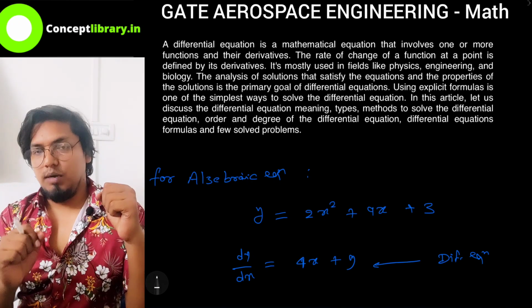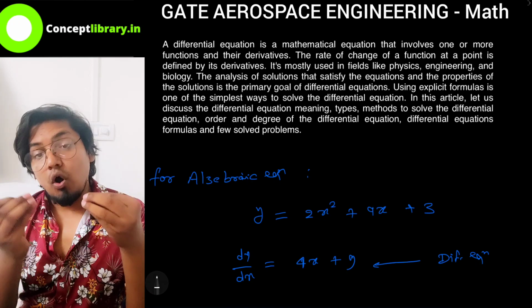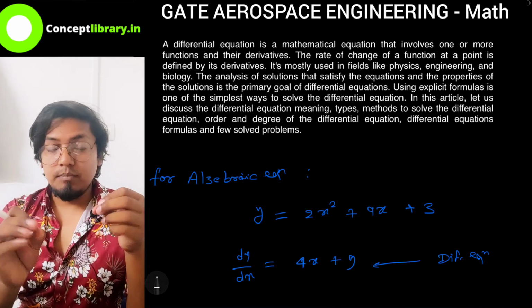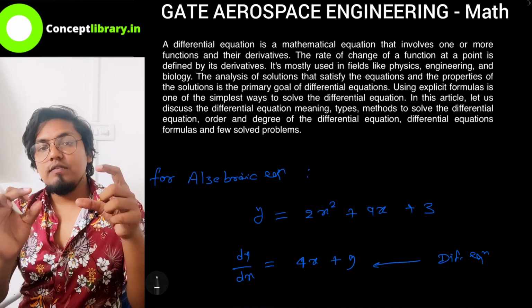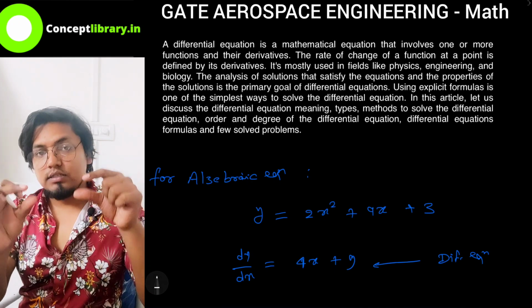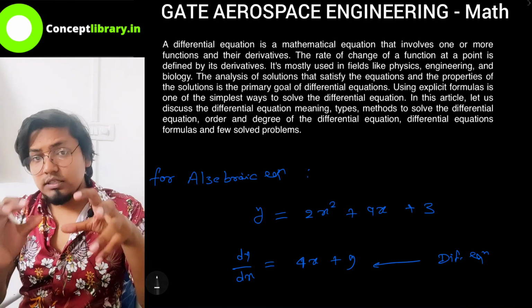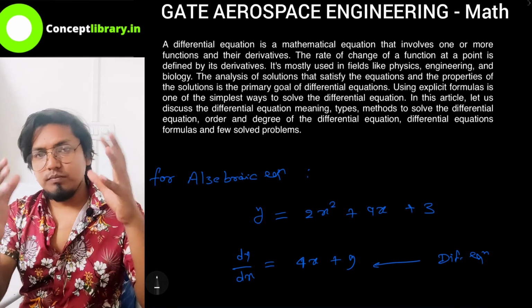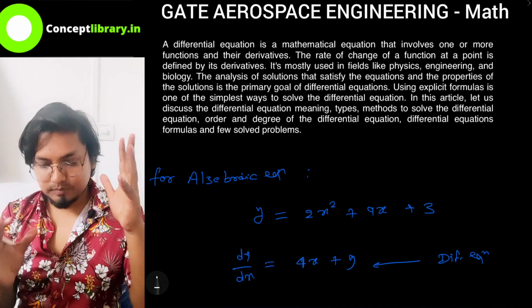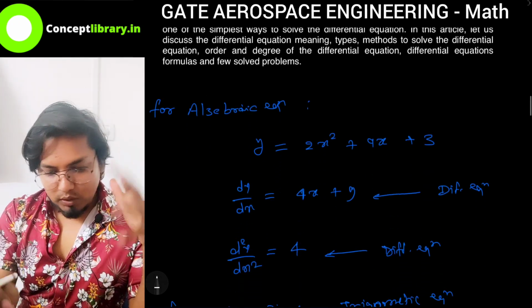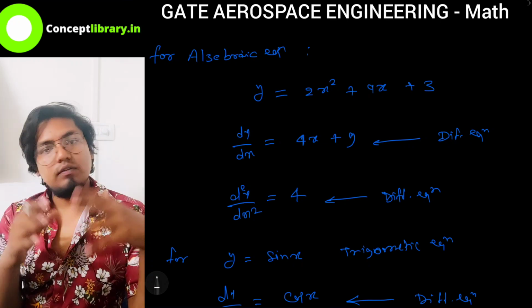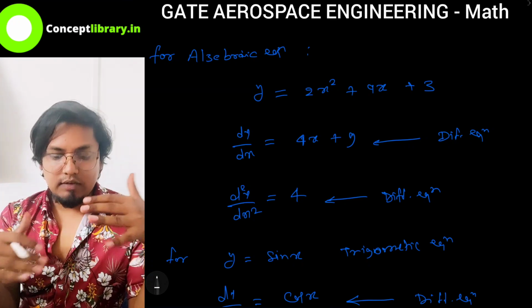Derivative parts will come. Of course, x and y will also come, or functions of x and y will also come, but mainly derivative terms like dy by dx, d2y by dx square, d3y by dx cube, and square, cube, these things should definitely come.